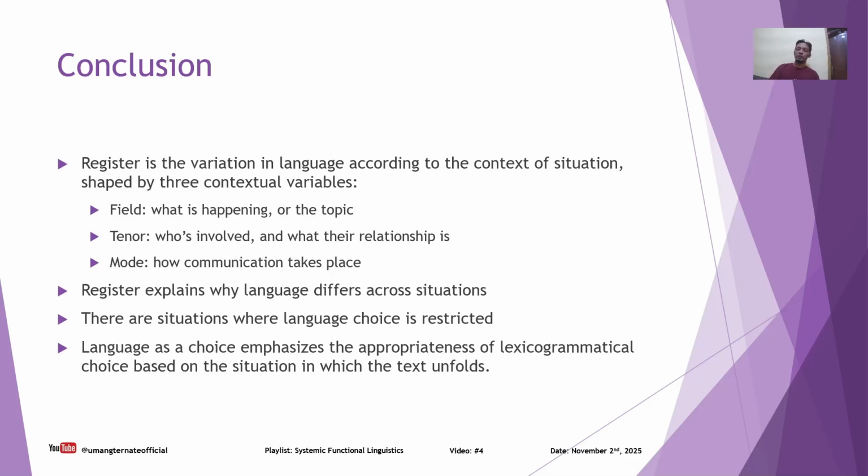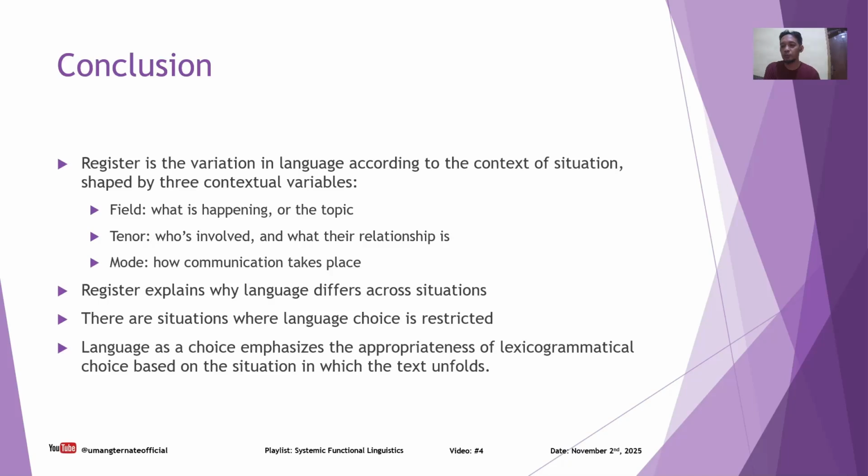Register also explains why language differs across situations, and by understanding register, we can teach the students how to make correct choices in using words and structure based on the given situation.